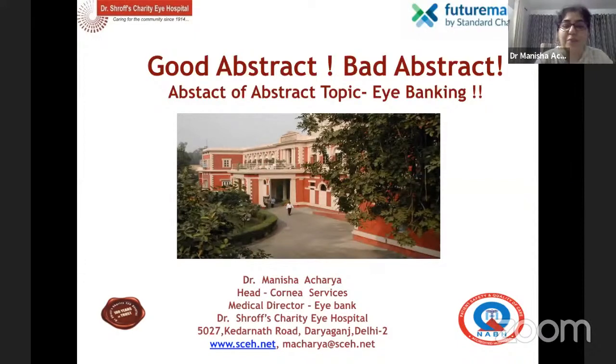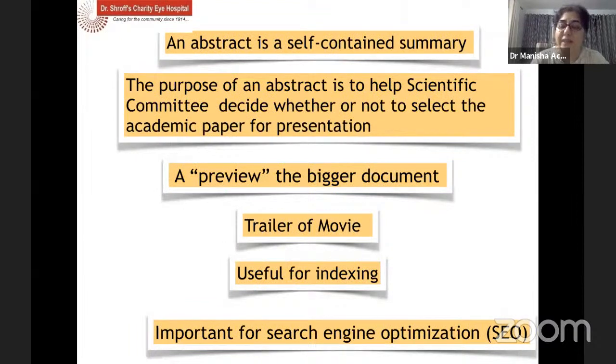I would start my talk with how to put together an abstract on a topic like eye banking. It's not very clear cut. It's easier sometimes, I feel, to put clinical abstracts because that remains our forte, and then how to convince the reader that this also has substance.